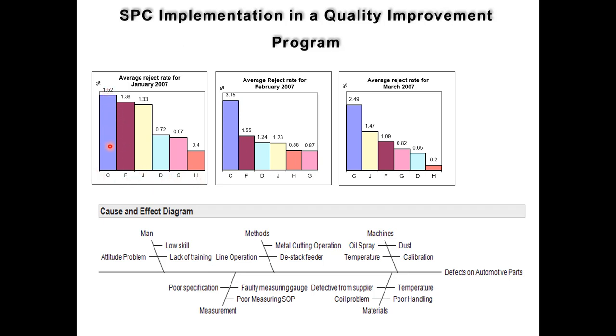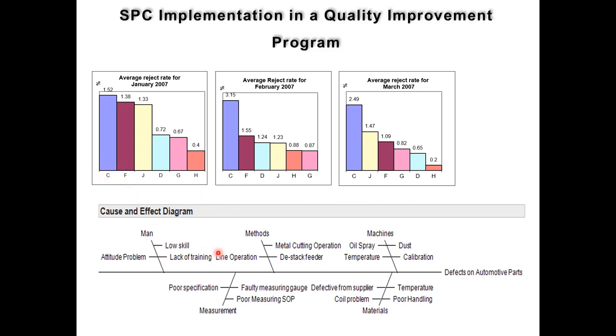The average rate of rejects has been recorded, and it shows that production line C has the biggest problem. These data are for January, February, and March of the year 2007. So it was decided that more work should be done to improve the production shift at line C.